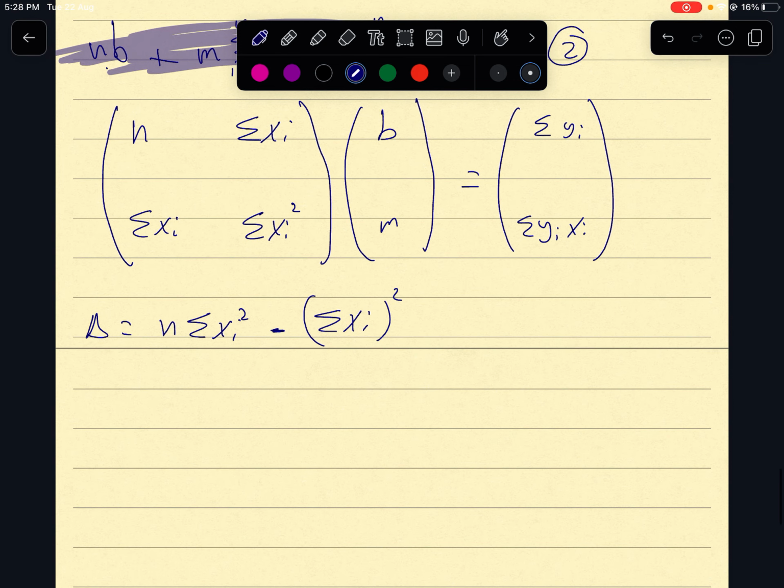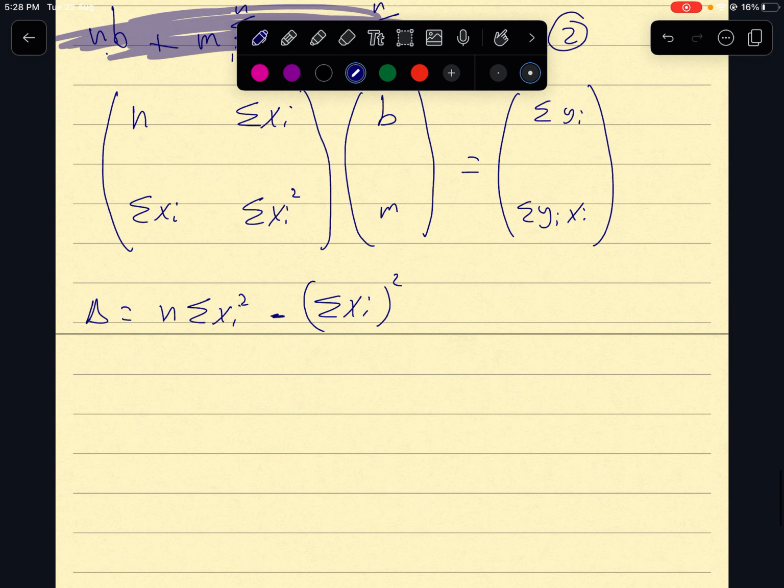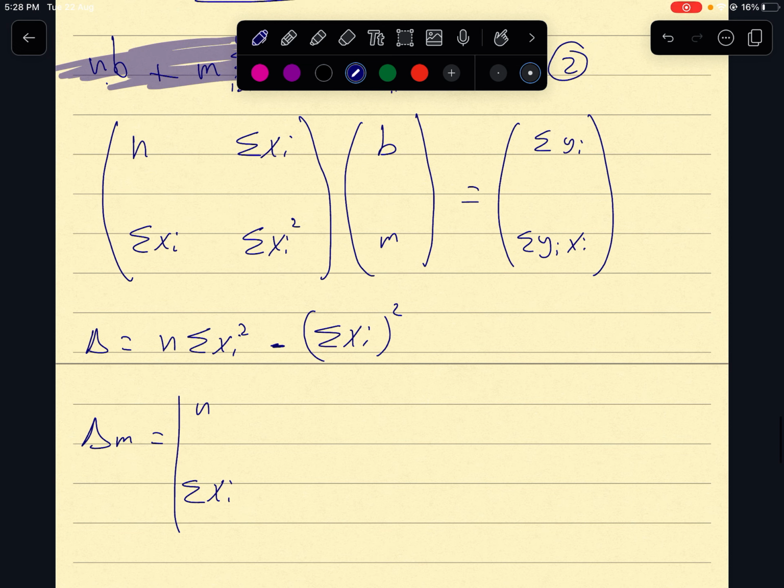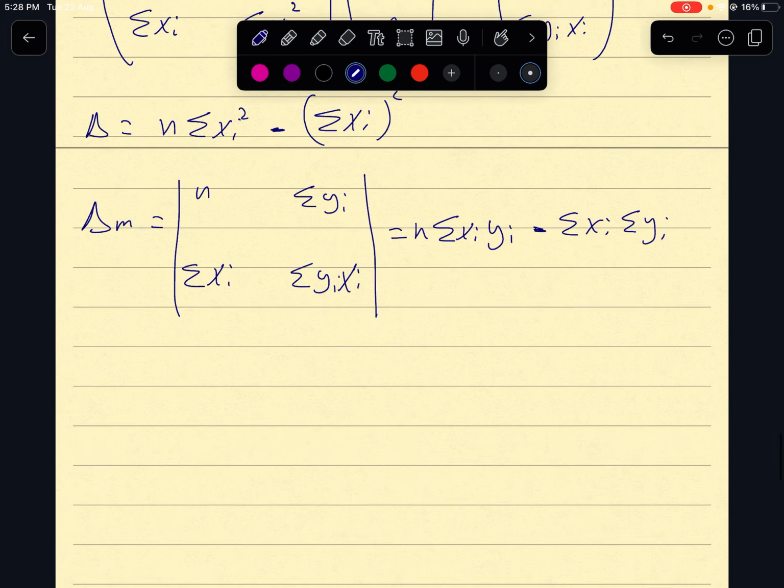I will find the determinant of m, which is n sum xi, and here I can put yi xi, okay? The determinant is n sum xi yi minus sum of xi sum of yi, okay?